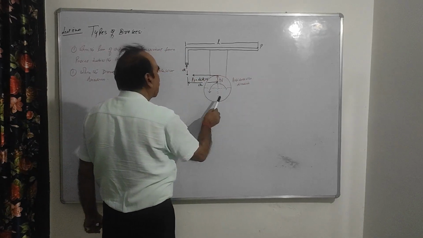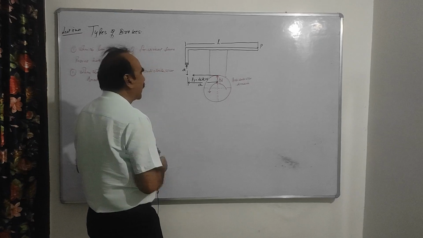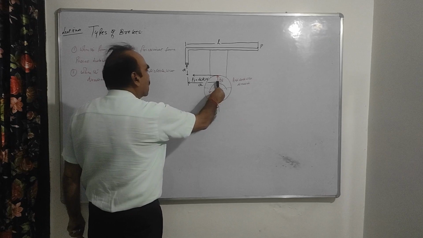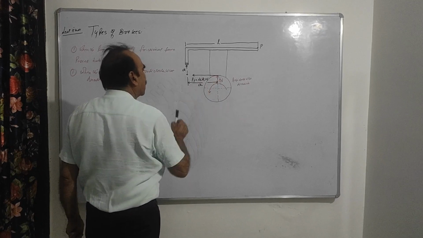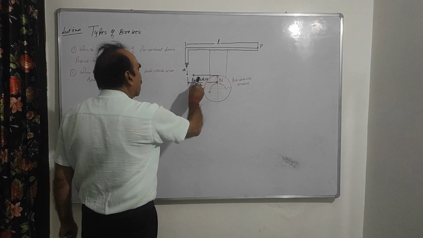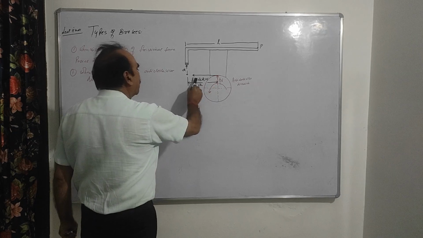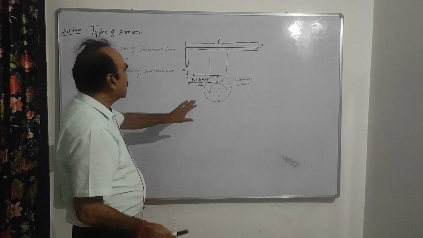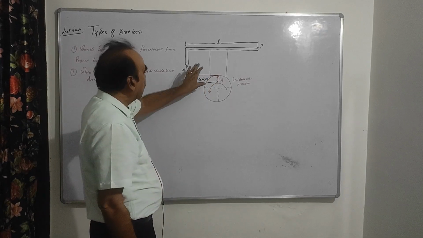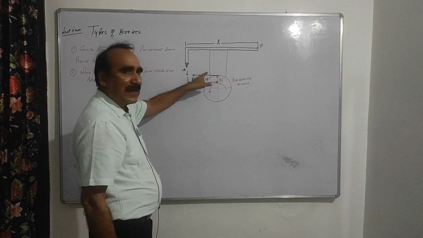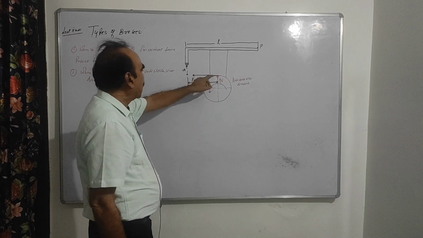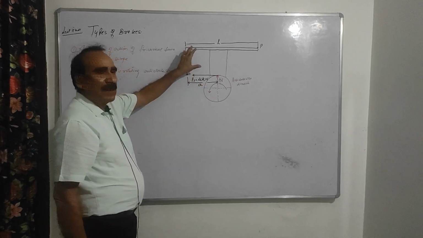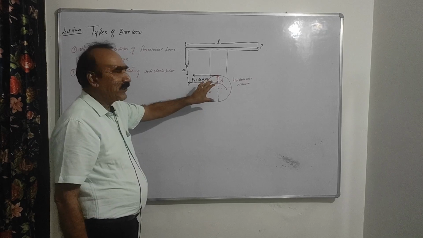This is your drum, and it is rotating in the anti-clockwise direction. Then the forces are here. This is your normal force, acting in the upward direction, and this is your Ft, the braking frictional force, in the same direction in the case of the lever. Again, the design takes the forces on the lever only, not the forces on the drum.